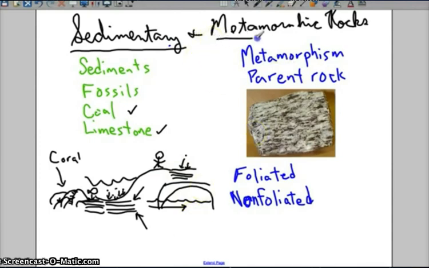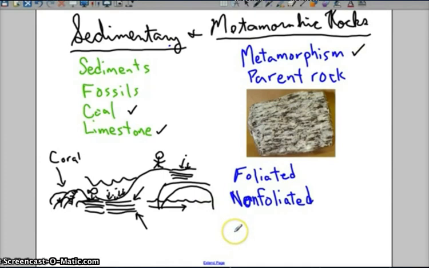Well, we now talk a little bit about these metamorphic rocks. Metamorphic rock is the third kind. We have igneous rock, sedimentary rock, and now metamorphic rock. Now, metamorphic rocks are formed by heat and pressure, and that process of forming a rock by heat and pressure is metamorphism. Now, you may remember that these three different kinds of rocks kind of interchange.